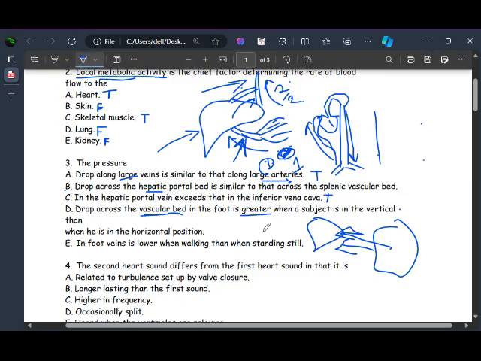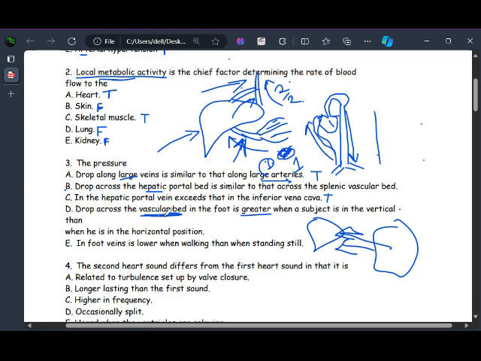So it's not only the vascular bed. Pardon my mix of words there. Vascular bed simply means the capillary bed.